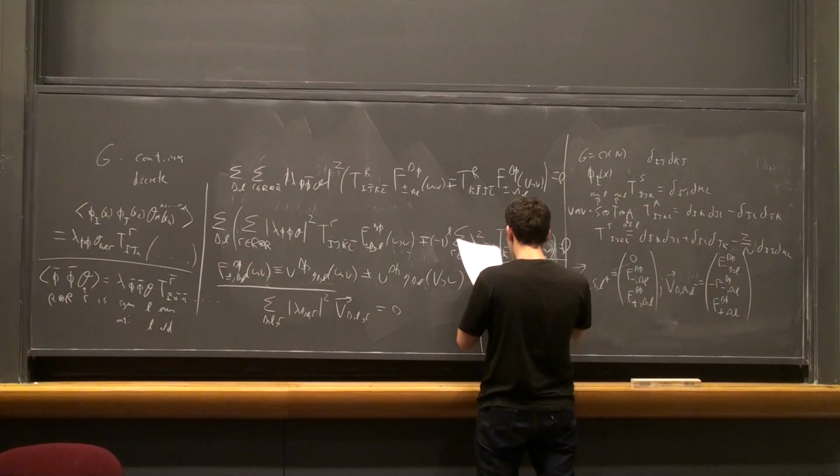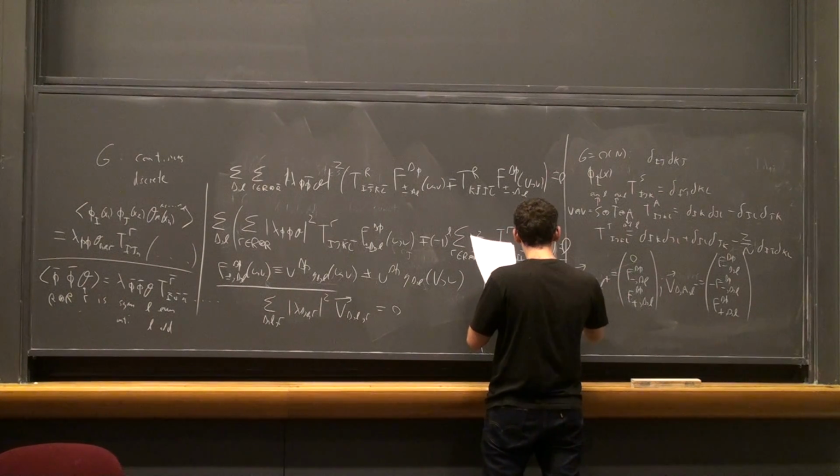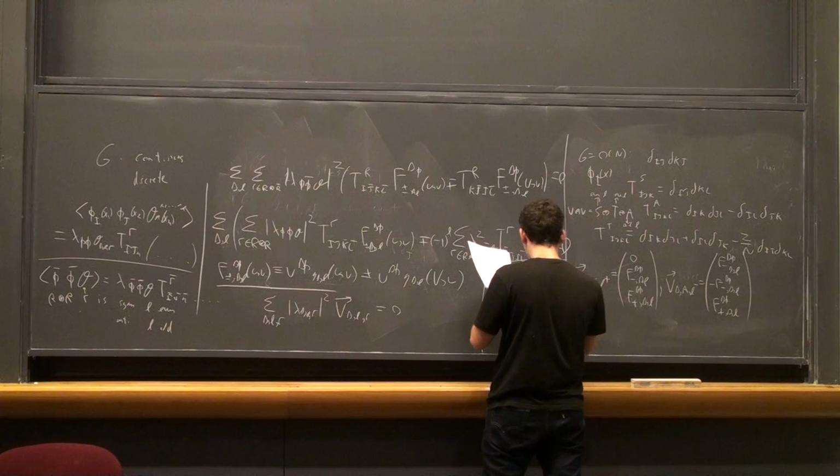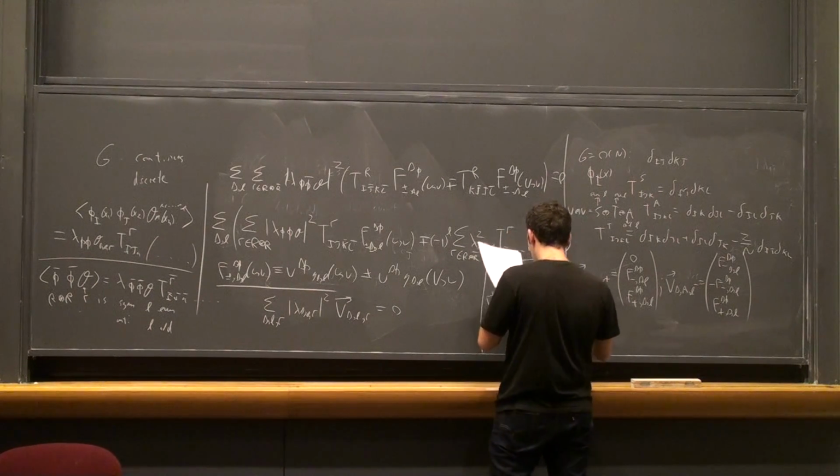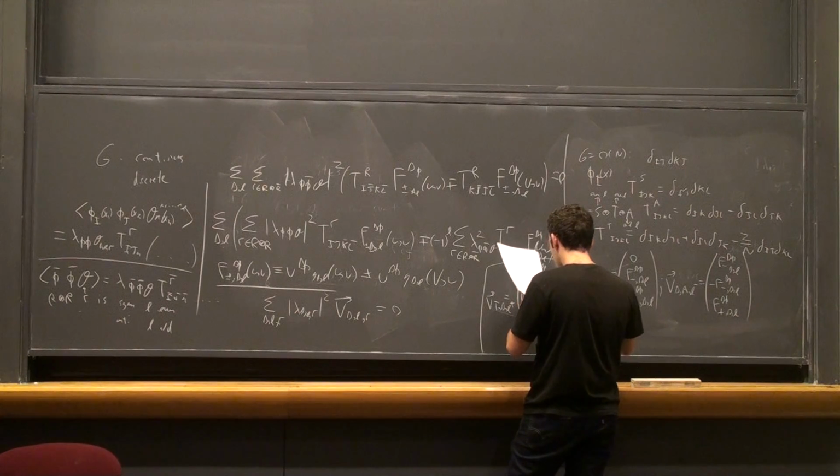And so this has F minus, delta phi, delta L, and then we get 1 minus 2 over n, F minus, delta phi, delta L, and minus 1 plus 2 over n, F plus, delta phi, delta L.